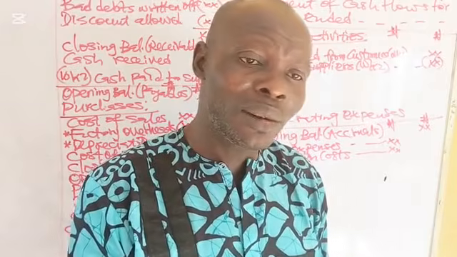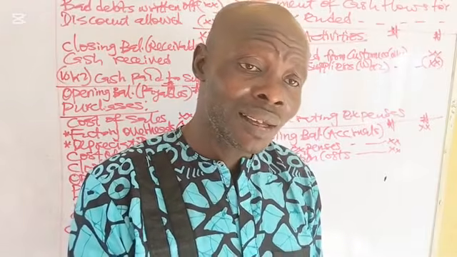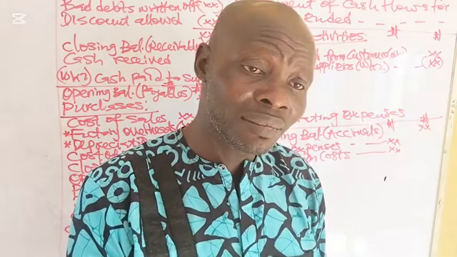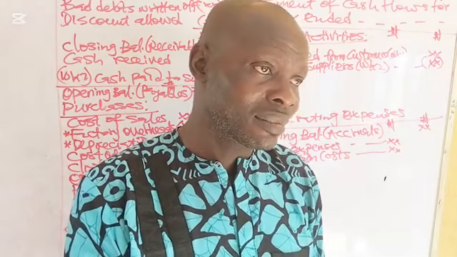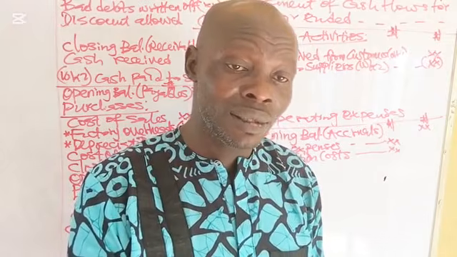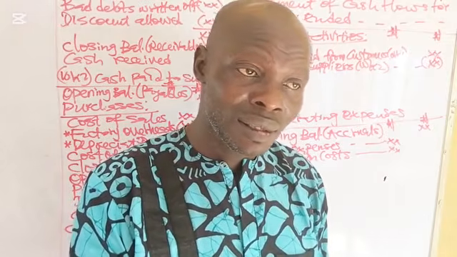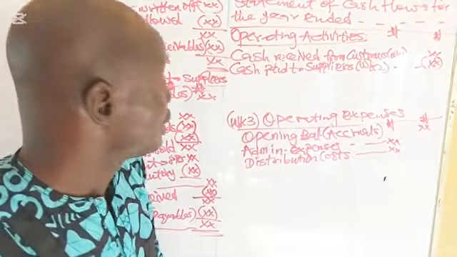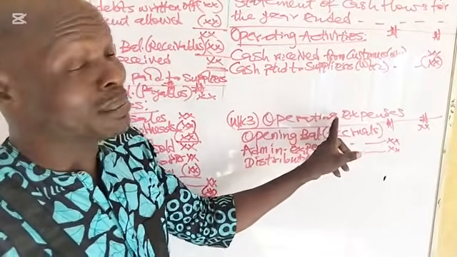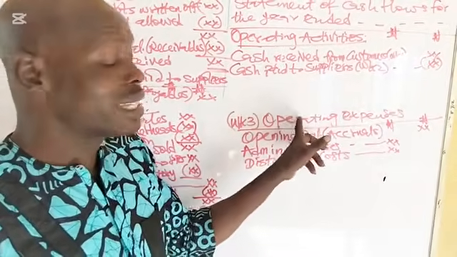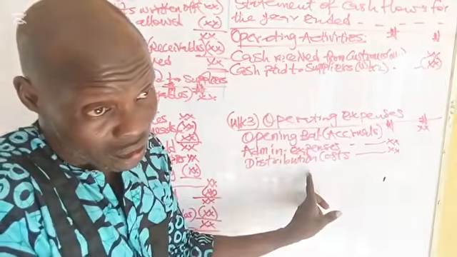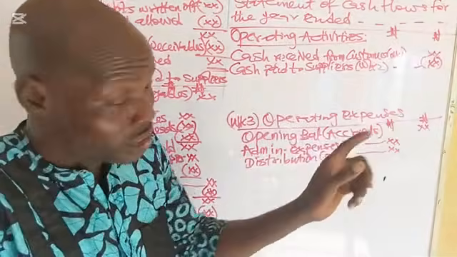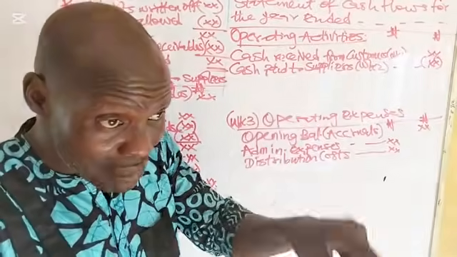I don't know if you are with me. Are we together? Yes, sir. I thought you only do that when you are reconciling. The reconciliation process is different. You are converting the expenses here. It's not the expenses you are converting to cash under reconciliation, under the indirect method.